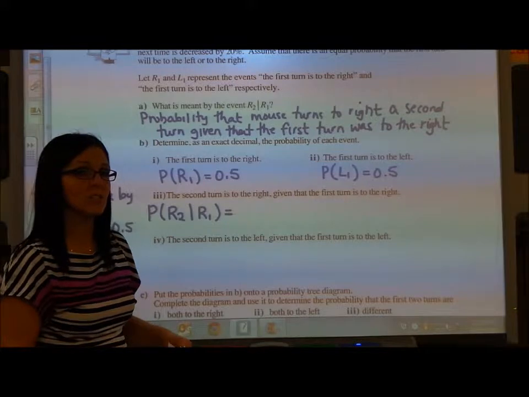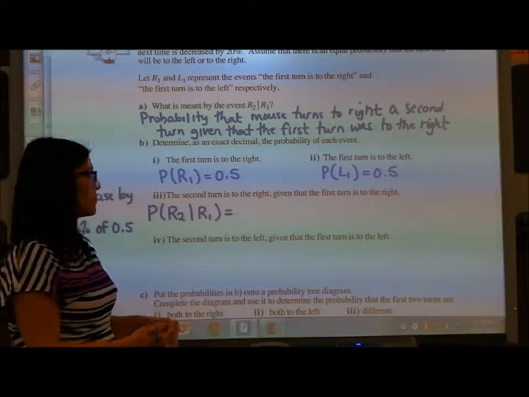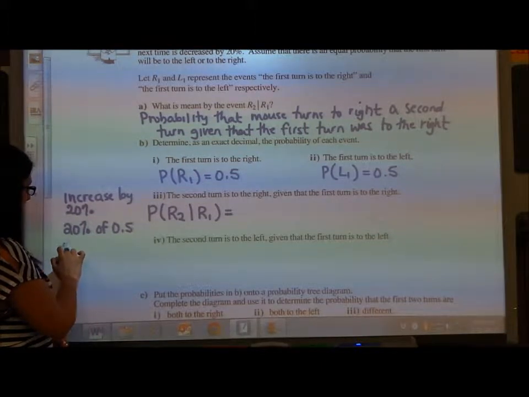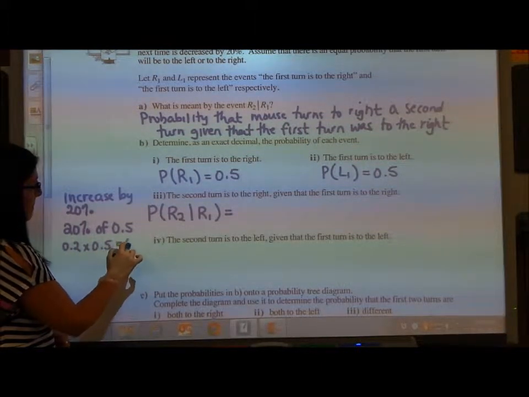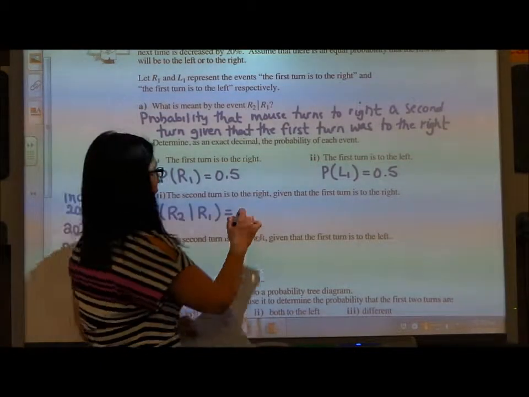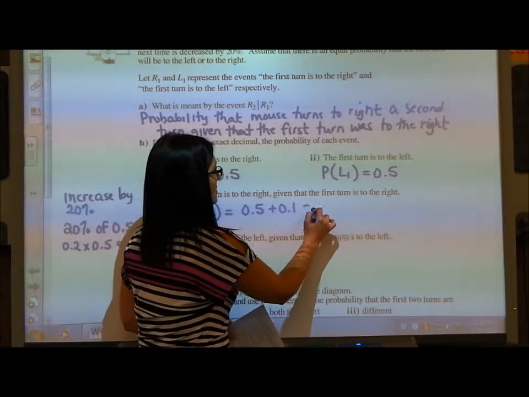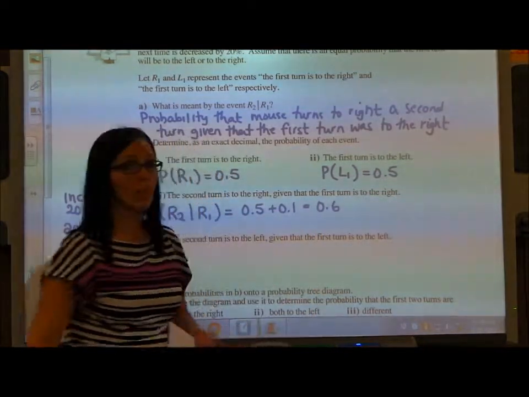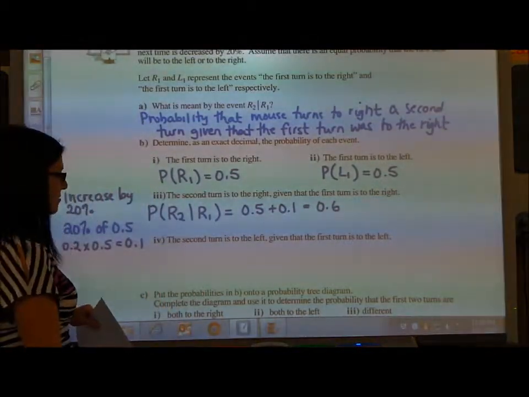Because it was a 50% or 0.5 chance, and now I'm going to increase that by 20%. This becomes 0.2 times 0.5, which is 0.1. So I have 0.5 plus the 0.1, which gives me 0.6. I now have a 60% chance that the second turn will be to the right.